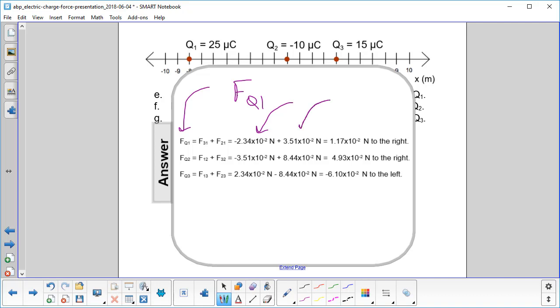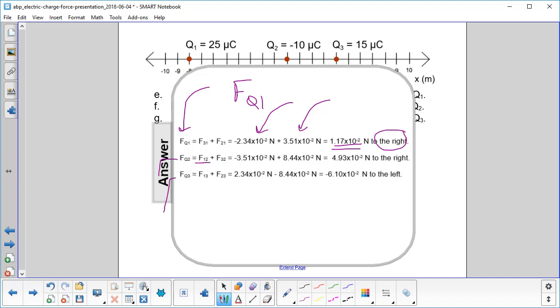F21, charge 2 is attracting charge 1 to the right, so we get a positive. So we add those together, and we get a positive answer, 1.17 times 10 to the negative 2 newtons. Since it's positive, we then say the force is directed to the right. And we proceed in a similar fashion for Q2 and Q3.